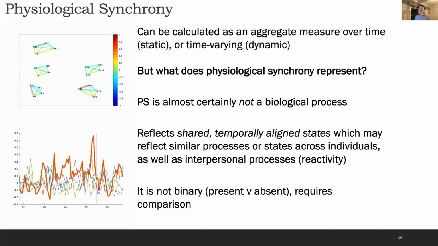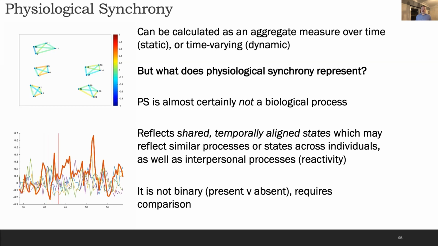But it does absolutely have a component that involves reciprocal interpersonal processes. So for example, if I'm talking to someone, there is a lot of body language, and these are all stimuli that people will show physiological responses to. And if you're interacting with someone, there are reciprocal stimuli.